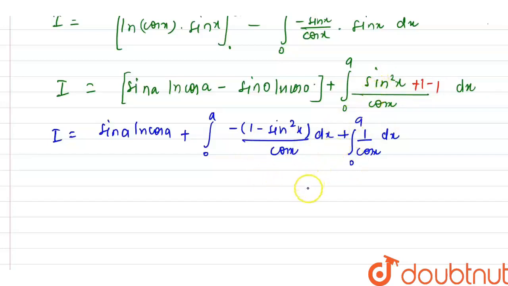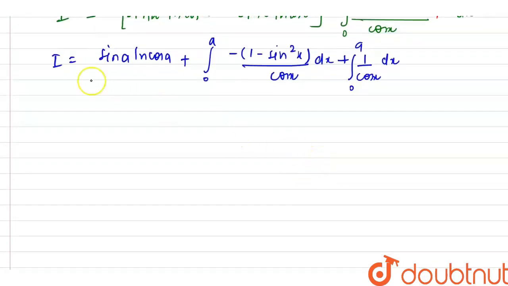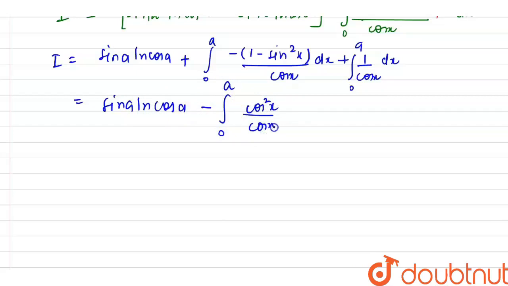Now moving further, I'm going to integrate this. Basically it will be sin a ln cos a plus the integration from 0 to a of minus cos square x over cos x dx, plus the integration from 0 to a of sec x dx, because we know that the reciprocal of cos x is nothing but sec x.